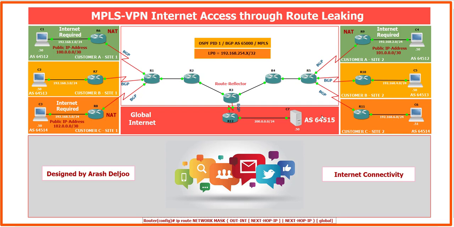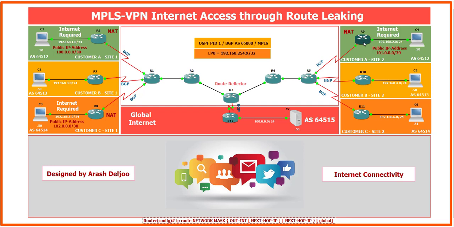And also, let me talk about another difference. Look at here. In this site, site 1 of customer A, we are using NAT. Okay, between the service provider and the CE router R6, and also here on R8 again we are using NAT, and also on R9 we are using NAT, because when we want to have connectivity to the internet, you know that we can't use private IP addressing.